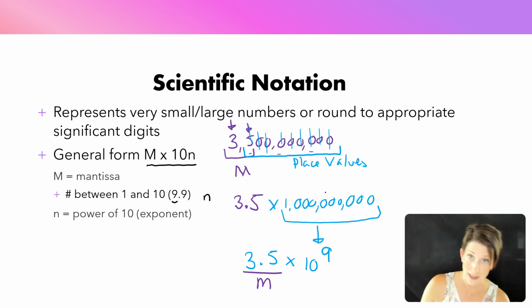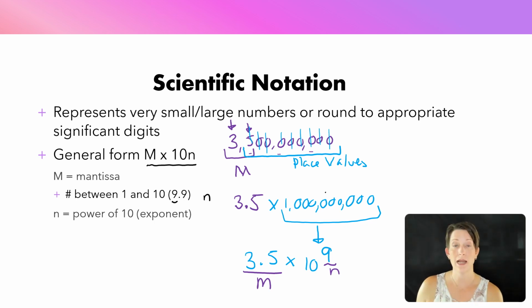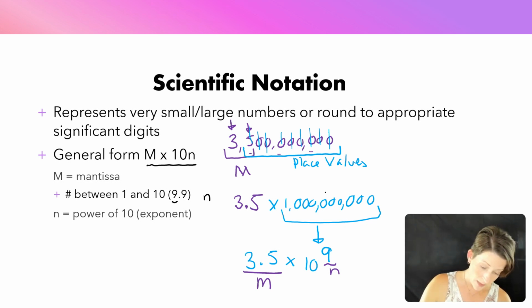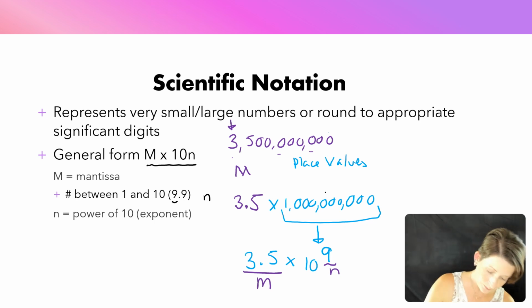3.5 is that mantissa. It shows us our number of significant figures. Our 9 is the n or the exponent. It tells us how many zeros or how many place values we need to move. The other way you could look at this is how many times I'm going to move that decimal.